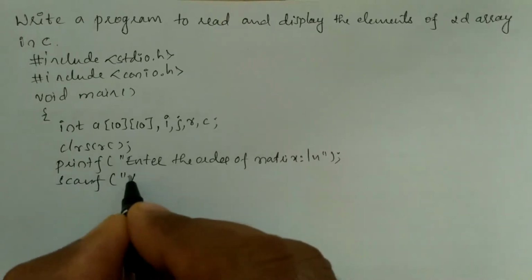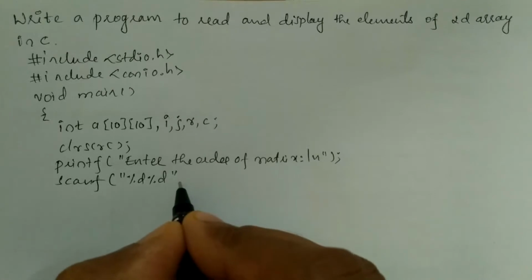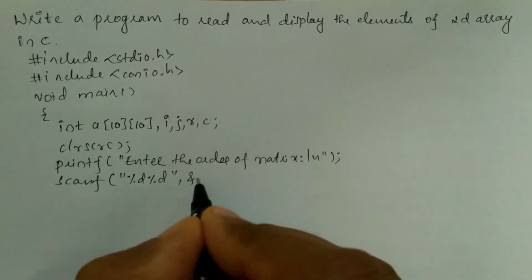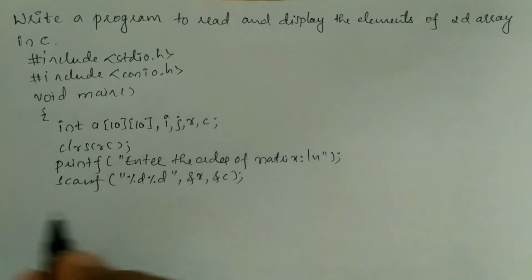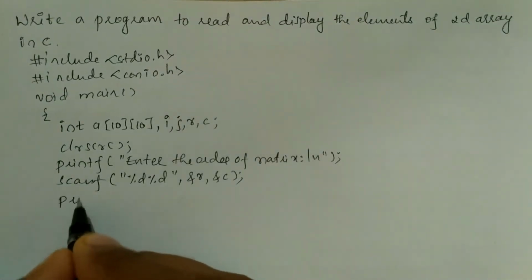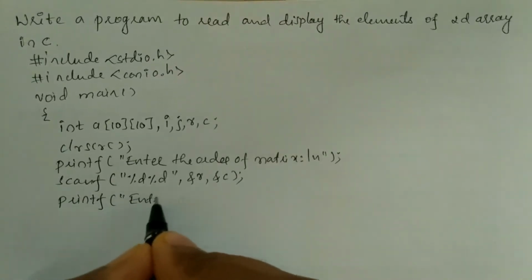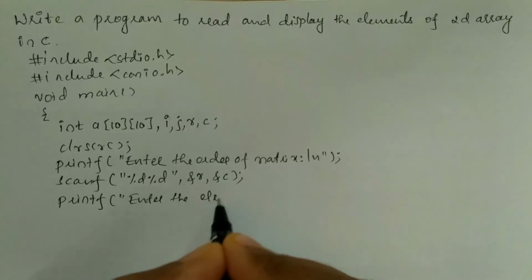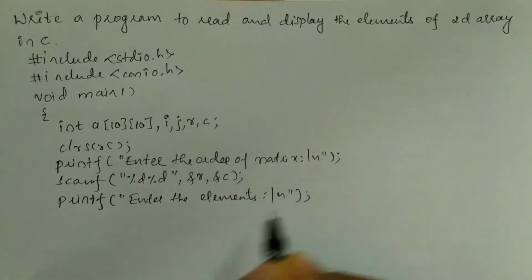Here I'm going to write, in double quotation marks, the %d format specifier, put a comma, ampersand of row and ampersand of column, and put a semicolon. After receiving the order we have to ask the user to enter the elements. So I'm going to write printf, in double quotation marks, "Enter the elements:\n", and put a semicolon.